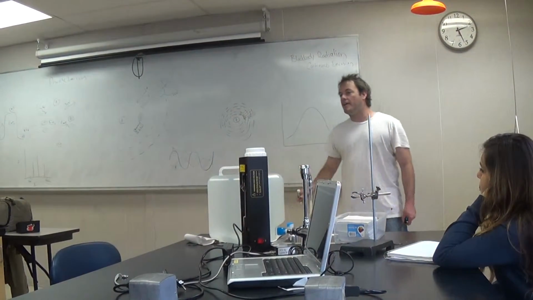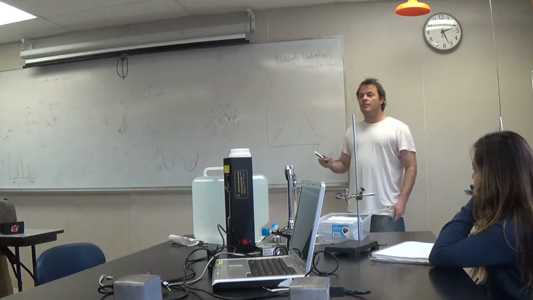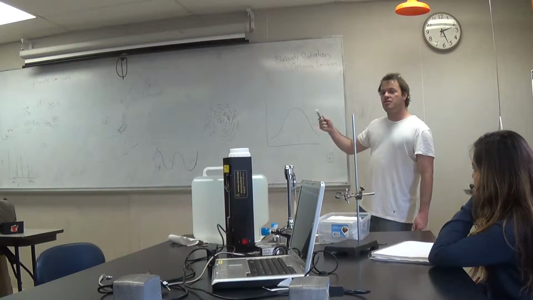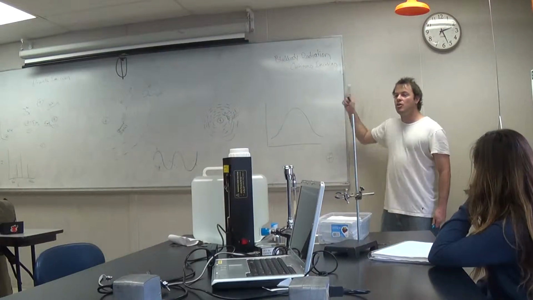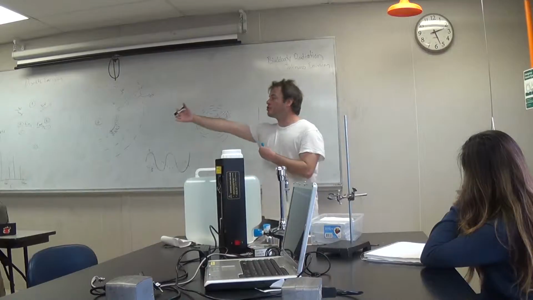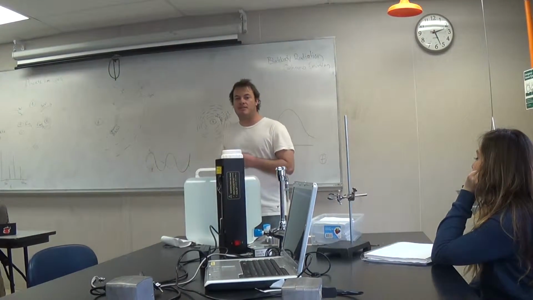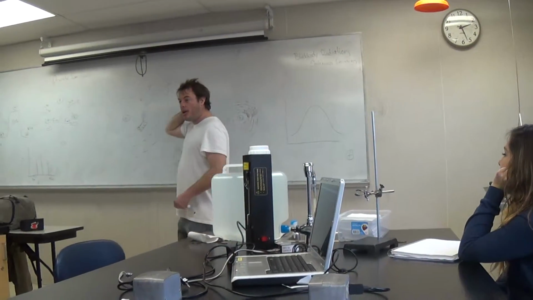And so what I'm trying to tell you is that fields are generated by moving charges. When you have charges in a substance and those charges are moving around, the fact that they're moving generates fields that can be felt by other charges that are separated by a distance. So that's what happens in a radio antenna.